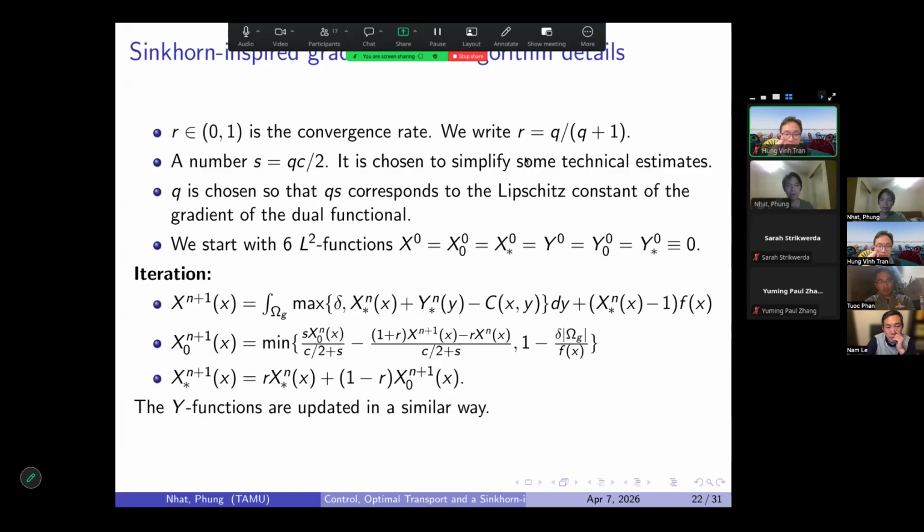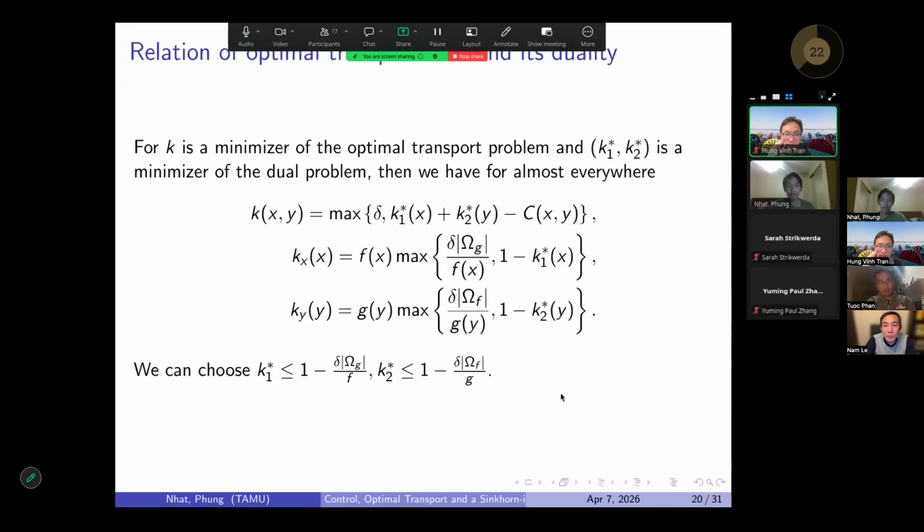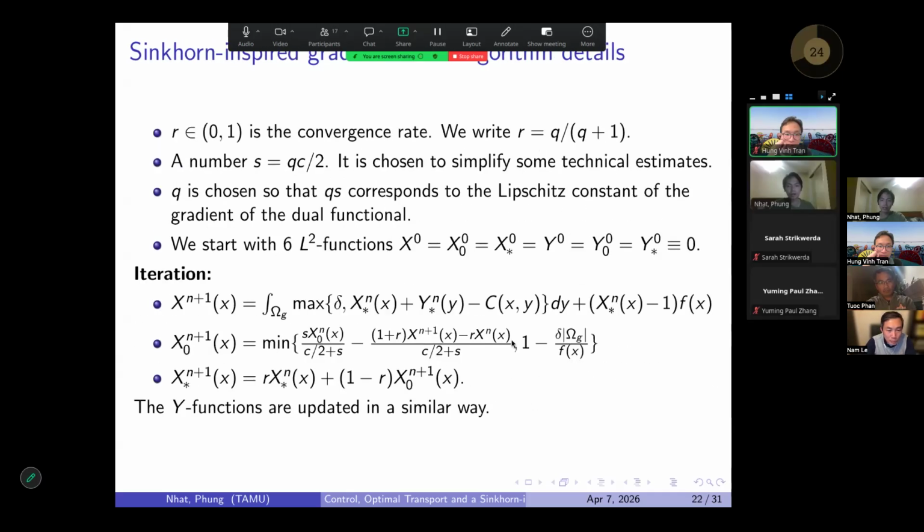And then the gradient descent step you can see in here. The other two steps are the gradient, where we try to choose so that we have the minimum and maximum in a function that is coming from the dual problem in here. So it will give some gradient, and then we try to choose the minimize and maximize point in there.